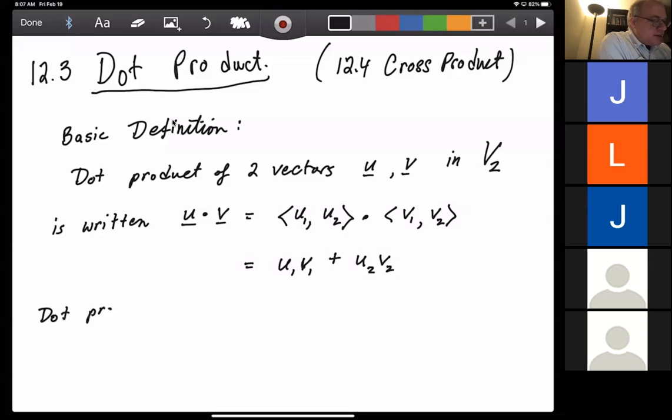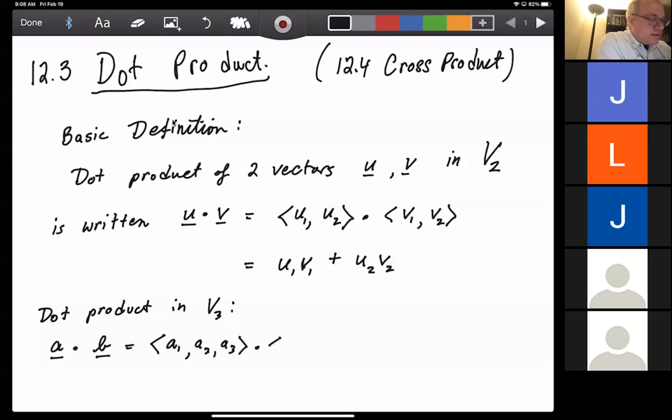There's a dot product in three dimensions. We could have a vector A dot a vector B, let's say. In three-dimensional space, our vectors have three components: b1, b2, b3. The strategy is the same as we saw in two dimensions.